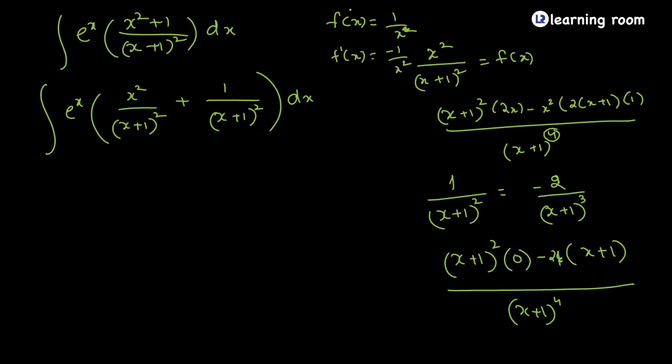The denominator of f of x should be x, so that when you differentiate it, you get x square. What did I say? If I take f of x to be 1 by x, what is f dash of x? Minus 1 by x square. Okay.